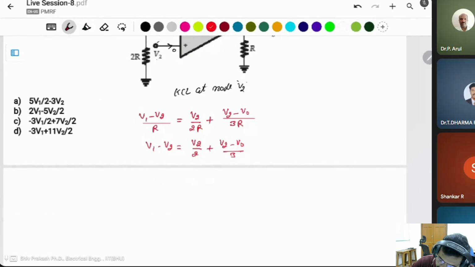I have to take LCM as 6. This is 3V2 plus 2V2 minus 2V0, and this will be V1 minus V2.